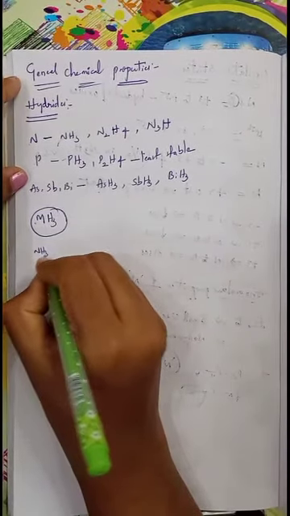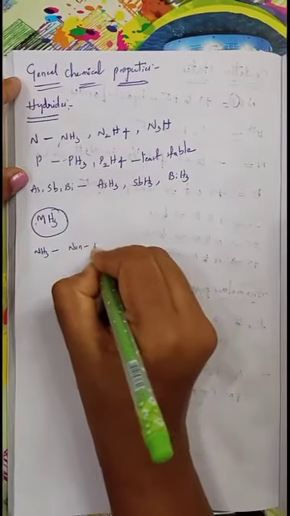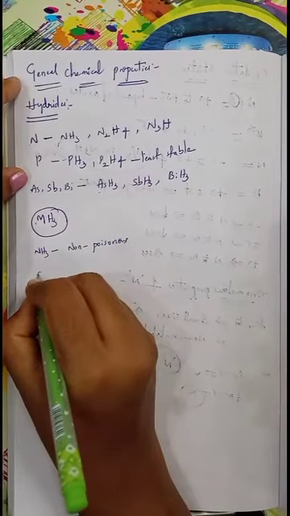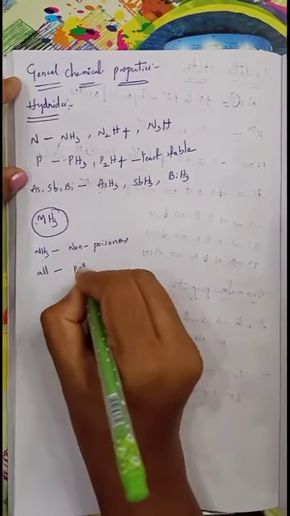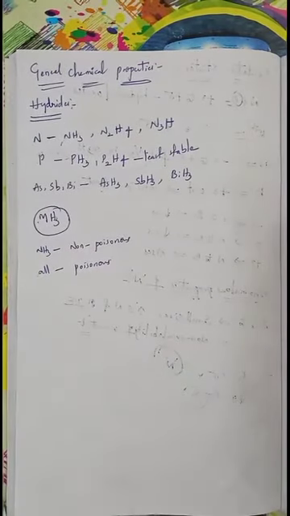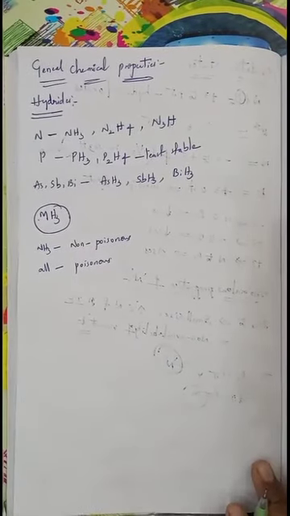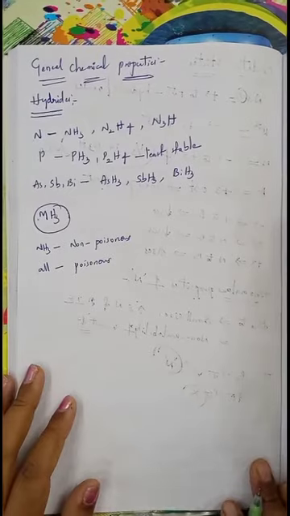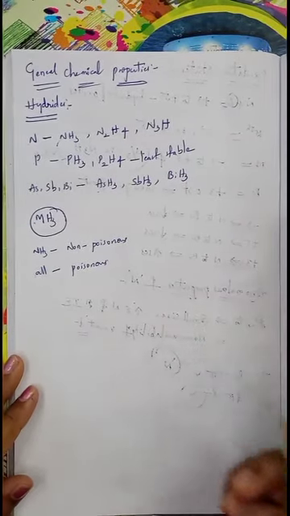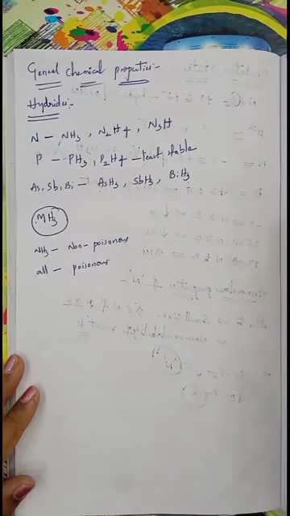NH3 is non-poisonous. Except NH3, the remaining hydrides formed by the 15th group elements are poisonous in nature. Next we will discuss another important property.